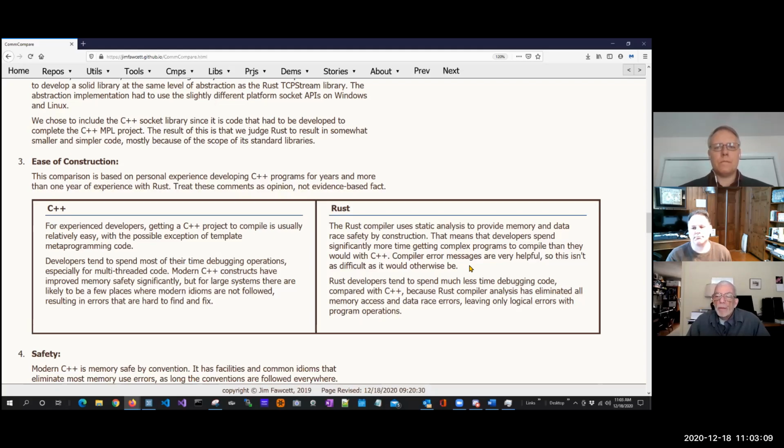But once you get it to compile, I spend much, much less time debugging Rust code than I do C++ code. And bear in mind, I've got about 30 years of experience writing C++ code and a year of experience writing Rust code. So the fact that I debug much more quickly in Rust is a major attribute. Really, really good thing.